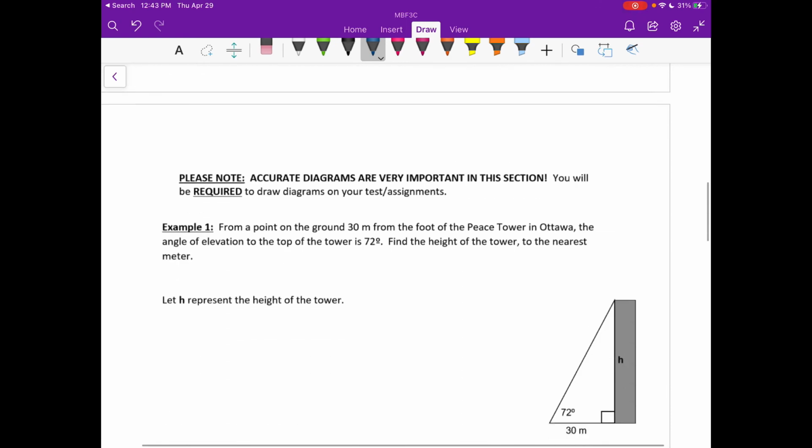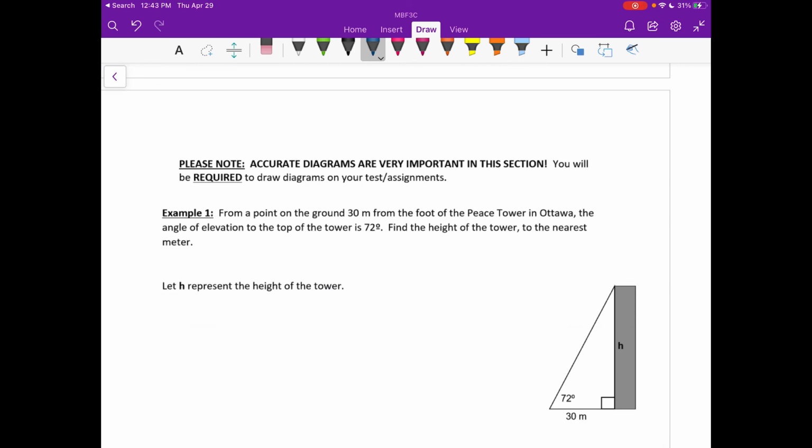So just a few things to note. Accurate diagrams are really important in this section, so you will be required to draw diagrams on your test or assignment. I'm also going to post a word bank or a vocabulary sheet for trigonometry, stuff like angles of depression, angles of elevation, transversal.